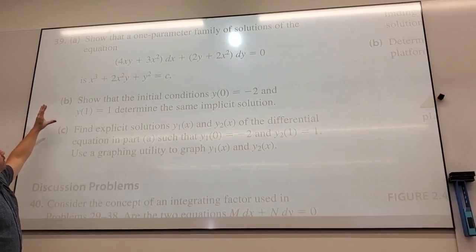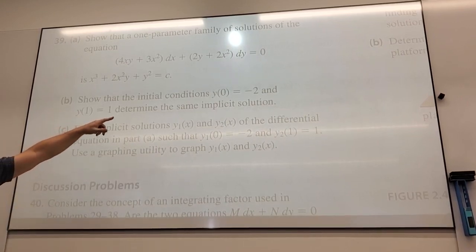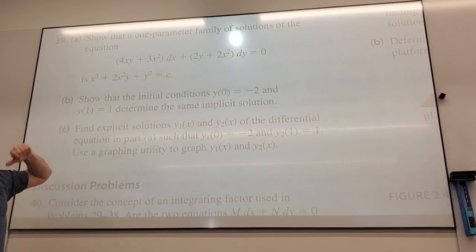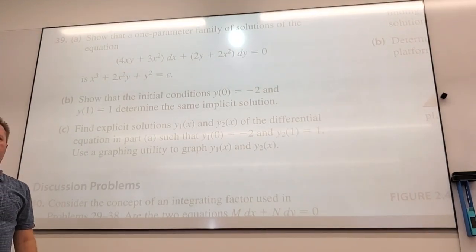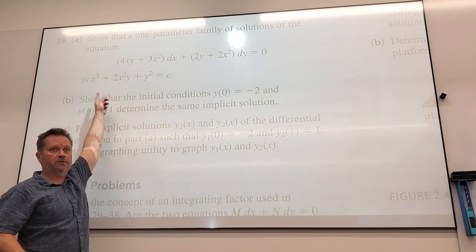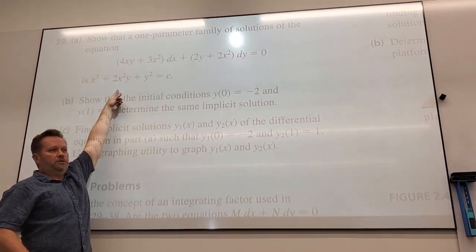Part B. I just wasn't sure what it means by the same implicit solution. Yeah, so if you plug 0, -2 in, do you get the same value for C as plugging a 1 in? Yes. Yeah, that would be the same implicit solution. Does everybody understand this is an implicit solution, yes? Why is that an implicit solution?